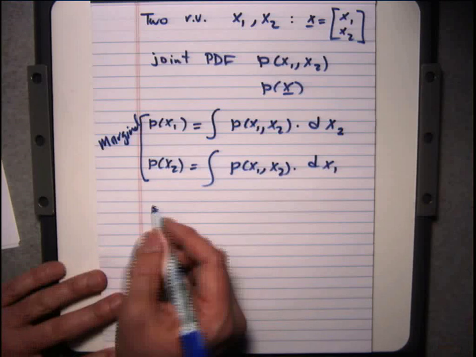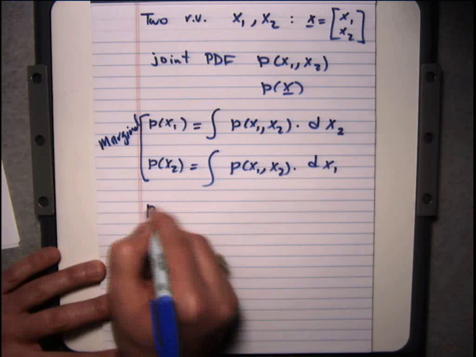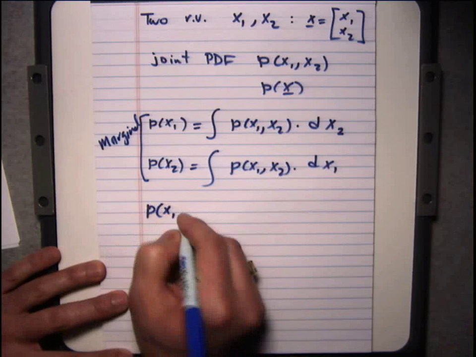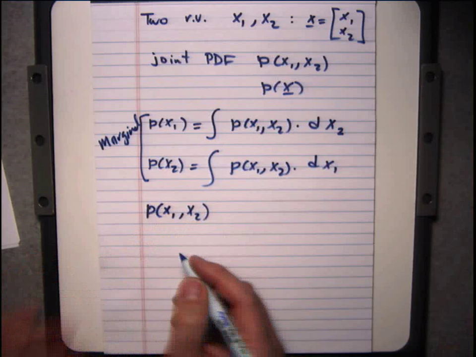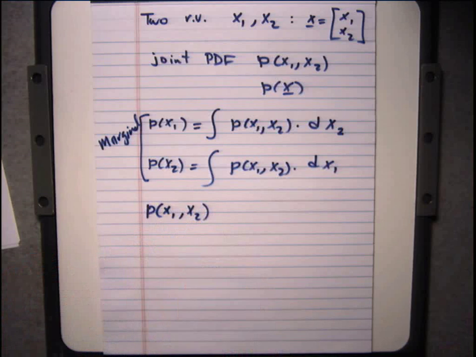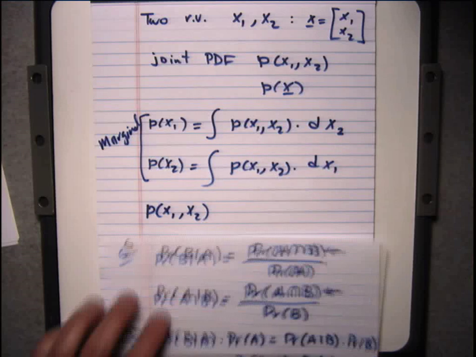Now let's see how we describe the joint PDF. If you remember from earlier, we talked about conditional densities. So let me take you back for a moment to one of these earlier slides. Let's take a look at this.